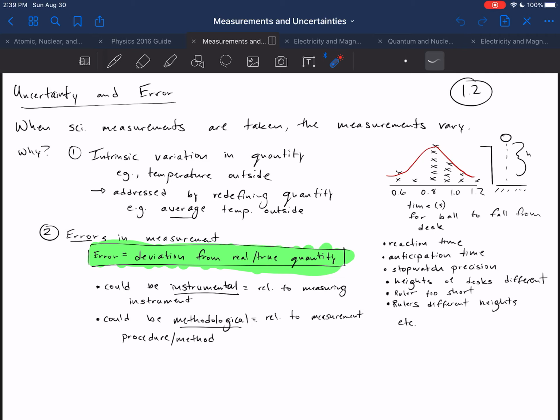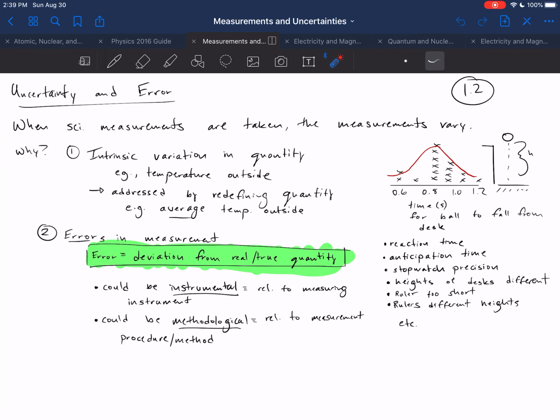Now, if you're all in the same place, taking the temperature at the same time, then for reasons having to do with how temperature works, we expect the temperature to be the same. And so that would not be a source of variance.